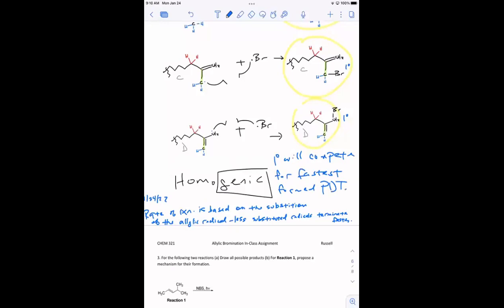So in that case, you're going to get basically a distribution between those 3 primary carbons as to which one is the fastest, if that makes sense.